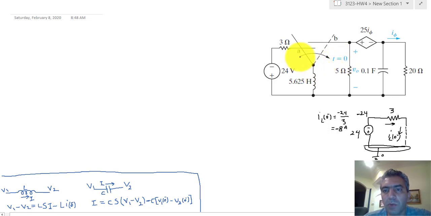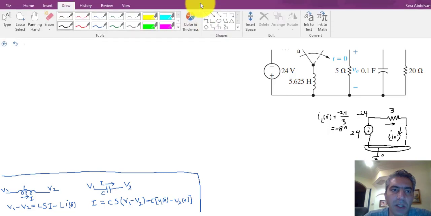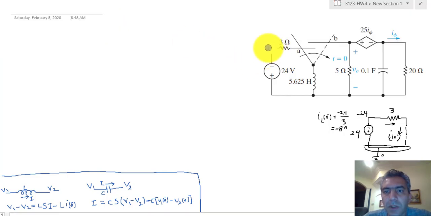Once the switch moves position from A to B, at this point this part of the circuit is completely disconnected, and we can redraw the circuit quickly. Let me actually do that too. So let me remove this part of the circuit.